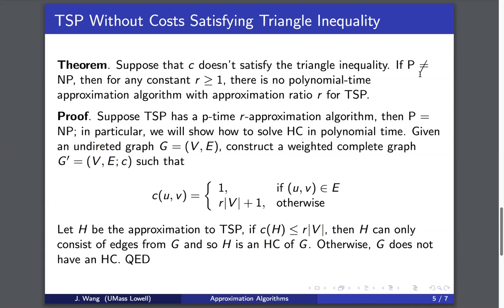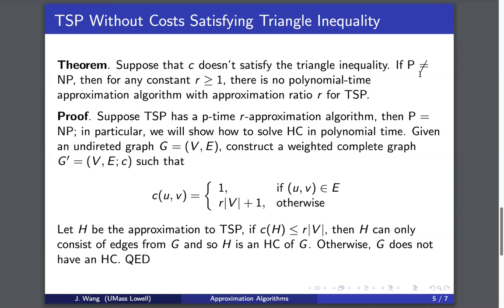Suppose that P is not equal to NP, then for any constant R greater than or equal to 1, there is no polynomial time approximation algorithm with approximation ratio R for TSP.